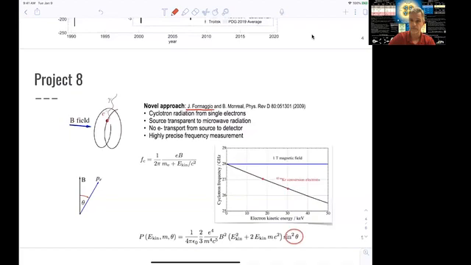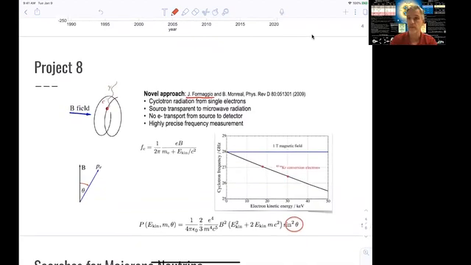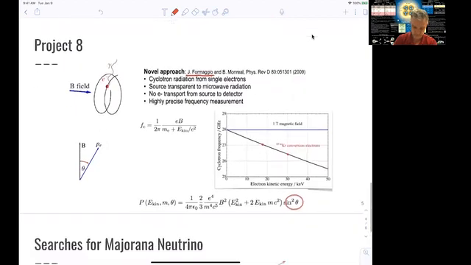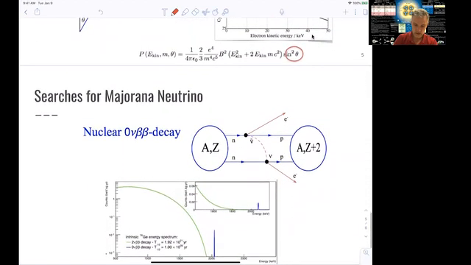So there's some hope that this kind of measurement leads to very precise results for the energy of the electron, and with that the mass of the neutrino. The last slide is now: how can we figure out whether or not the neutrino has Dirac or Majorana nature?